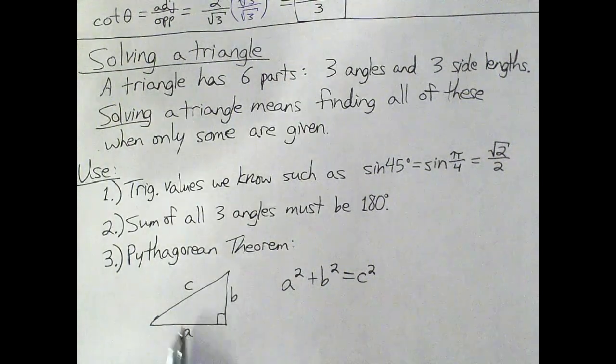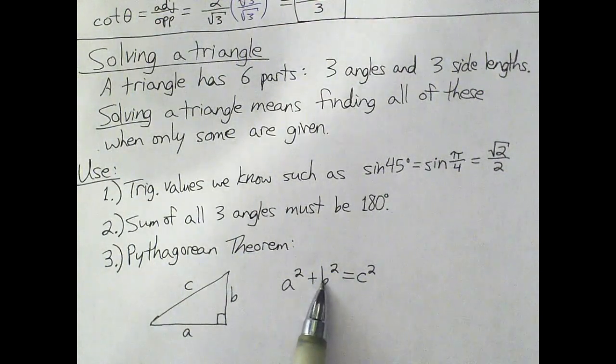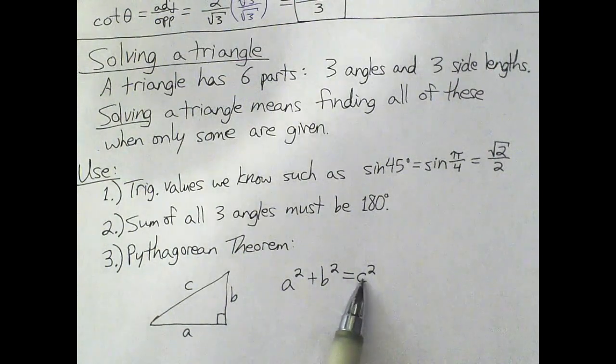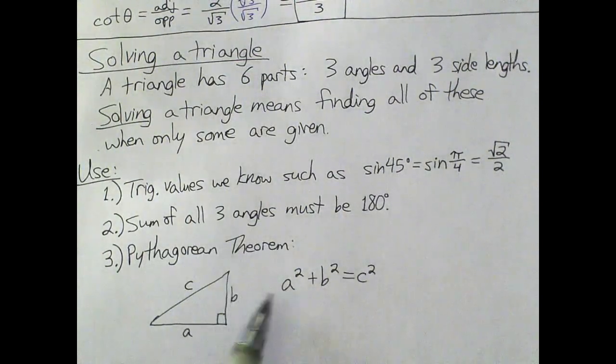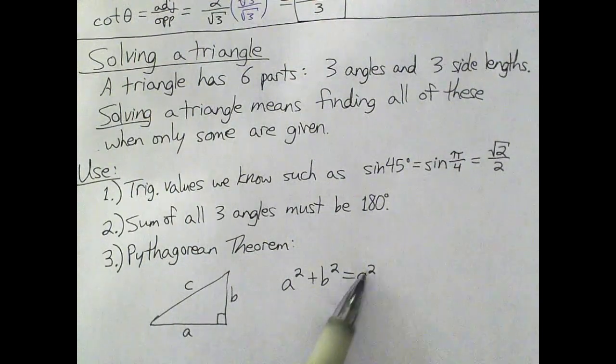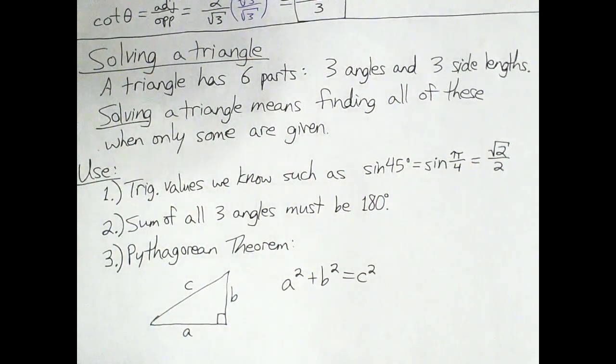If you know any two of the side lengths, you can find the third one using the Pythagorean theorem. Because you could rearrange it to solve for A in terms of the other two, or to solve for B in terms of the other two, or to solve for C in terms of A and B. So if you know two angles, you can find the third angle. If you know two side lengths, you can find the third side length, and you can use trig values that we know. So let's do an example problem of solving a triangle.